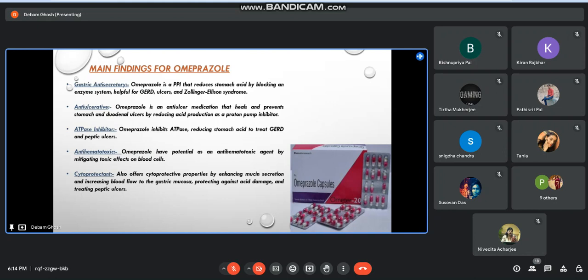Third, ATPase inhibitor. Omeprazole inhibits ATPase, reducing stomach acid to treat GERD and peptic ulcer. Fourth, antimutagenic. Omeprazole has potential as an antimutagenic agent by mitigating toxic effects on blood. Fifth, cytoprotectant. It also offers cytoprotective properties by enhancing mucin secretion and increasing blood flow to the gastric mucosa, protecting against acid damage and treating peptic ulcer.